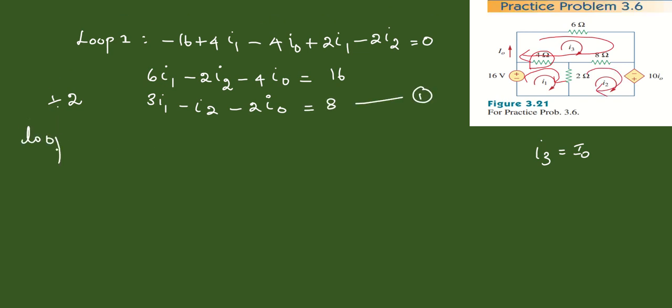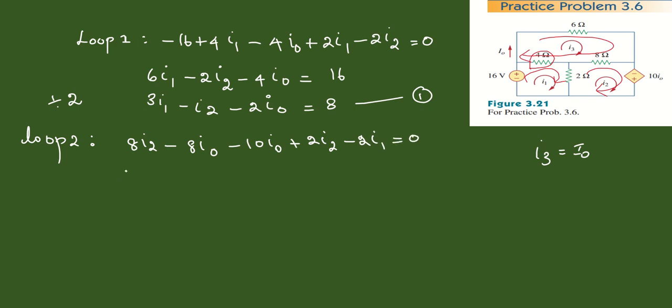For loop 2, we are going to write the equation. So it is 8 I2 minus 8 I3. Instead of I3, I am writing it as I0, minus 10 I0 plus 2 I2 minus 2 I1, that is equal to 0.